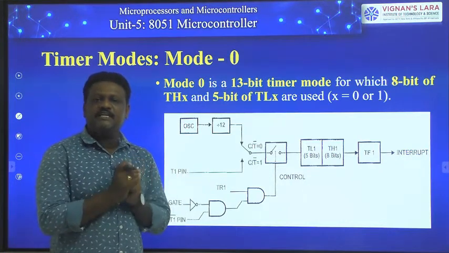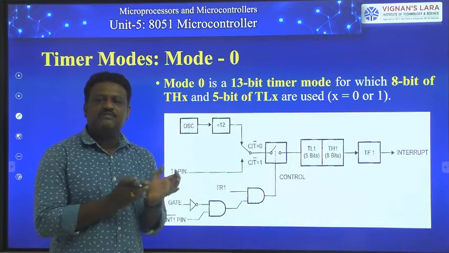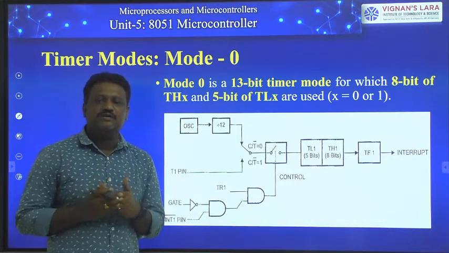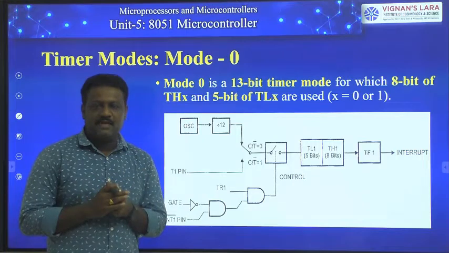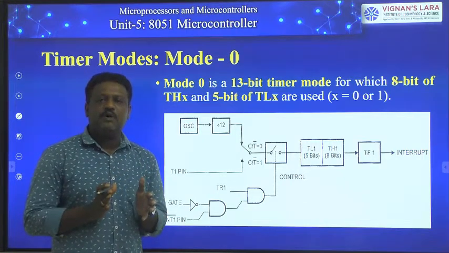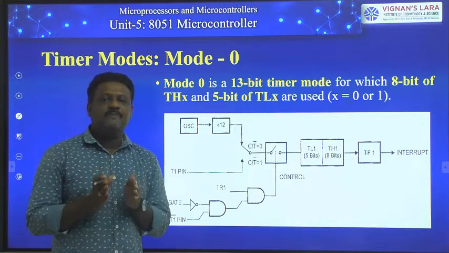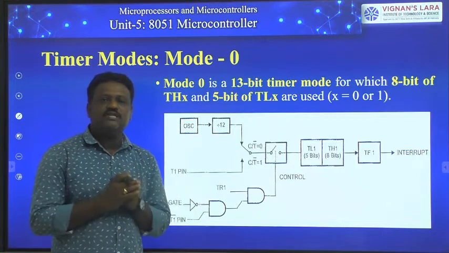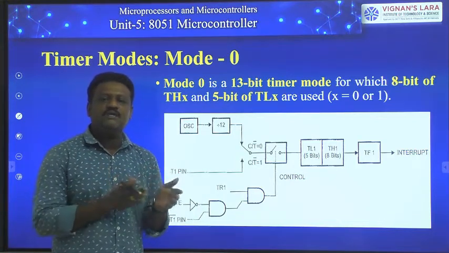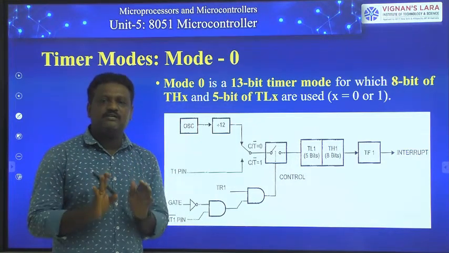The least significant nibble, bits D0 to D3, is used for timer 0 operation. The most significant nibble is used for timer 1 operation. That means the timers in our 8051 both operate independently. The operation of T0 does not depend on T1 or vice versa. We can use T0 and T1 independently. These timers only support upcounting.